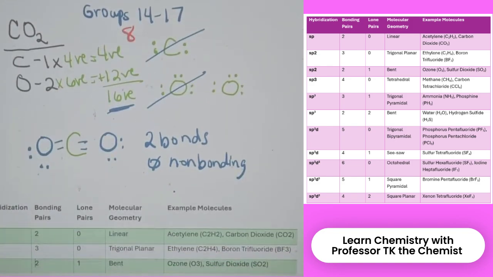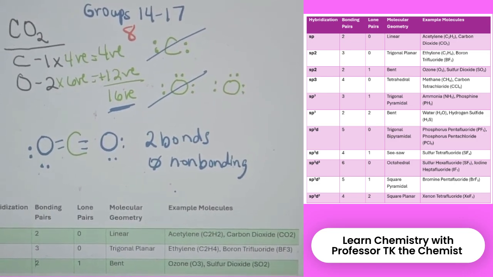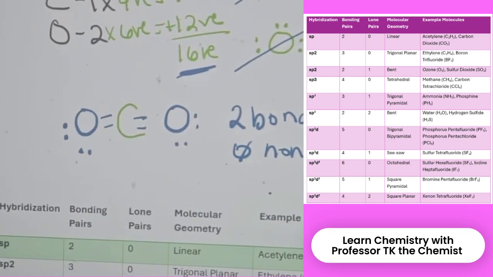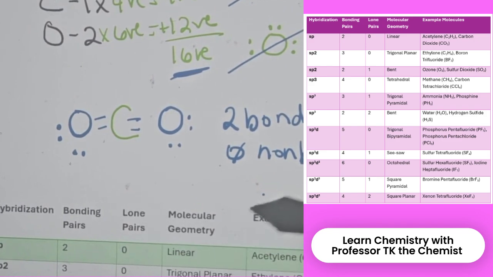All right. So if we go down here to our chart and we look, it tells us that we have 2 bonds, 0 lone pairs. This is a linear shape. So my shape is linear.